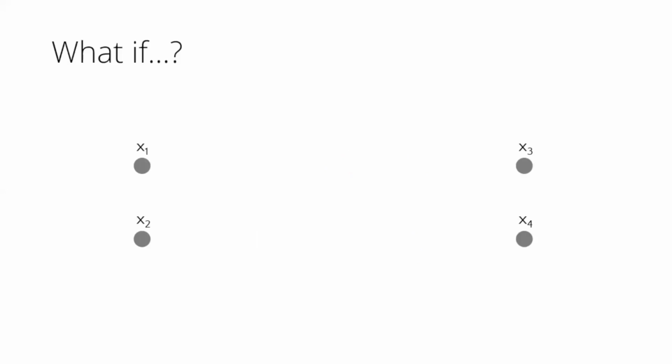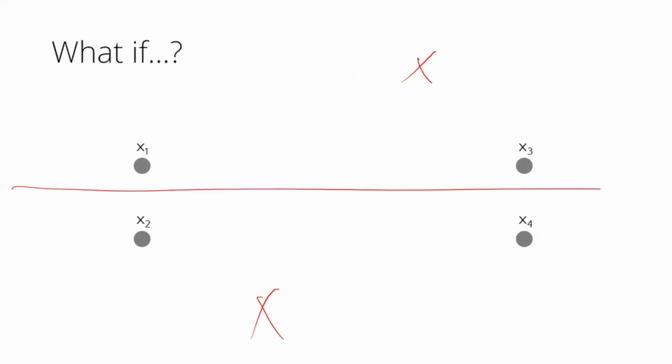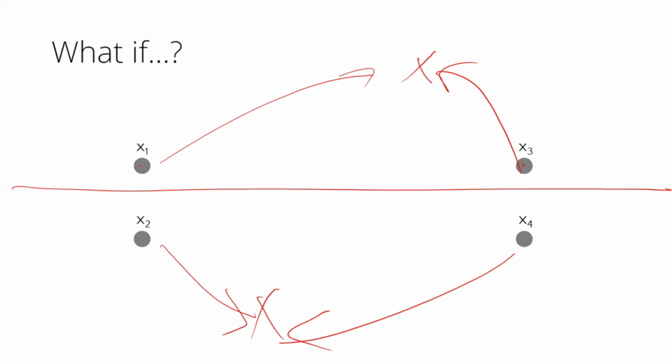But now consider this case. Let's say I've initialized a mean randomly over here, and then initialized the other mean randomly over there. Okay, it doesn't really matter. So even if we have it like this, with a high chance, the initial clustering is going to be that x1 and x3 belong to this guy over here, and x2 and x4 belong to this guy over here.